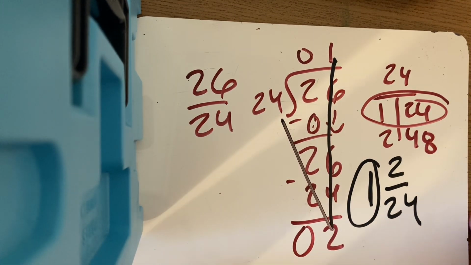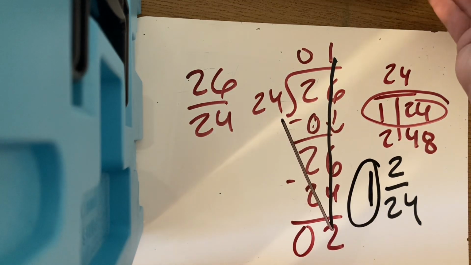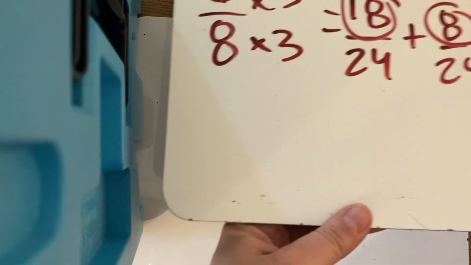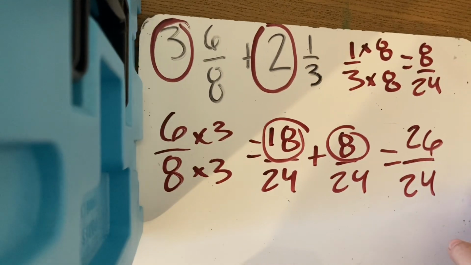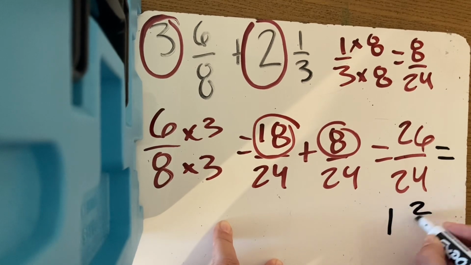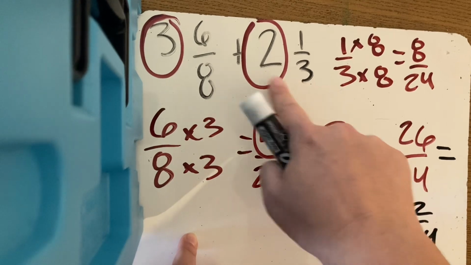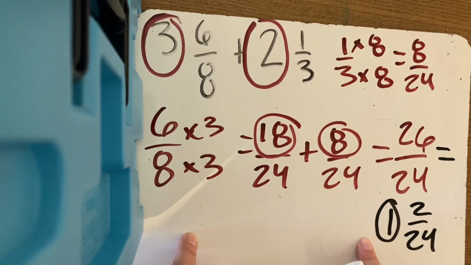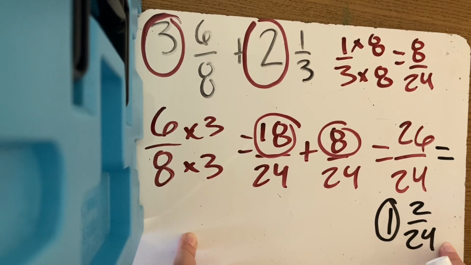So when I go back to my original problem, this equals 1 and 2 over 24. I now have another whole number I need to add. So don't forget that, because 26 over 24 equals 1 and 2 over 24.